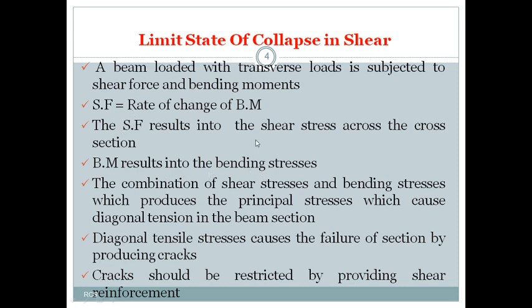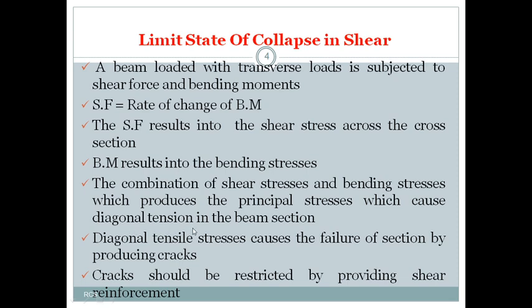Now the combination of this shear stress and bending stress will produce principal stresses, which cause diagonal tension in the beam section. So that is ultimately what is happening in the beam. These principal stresses occur due to the application of external load. Because of that, diagonal tension in the beam section happens.